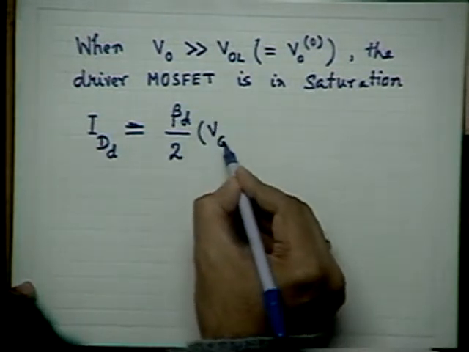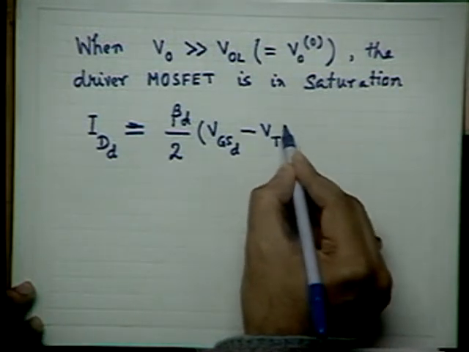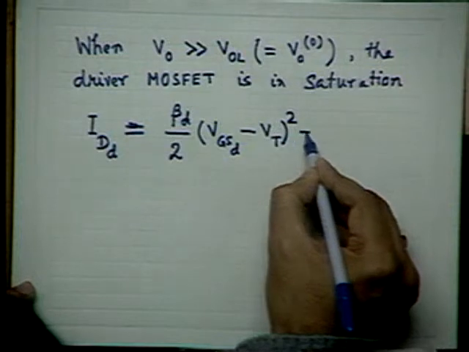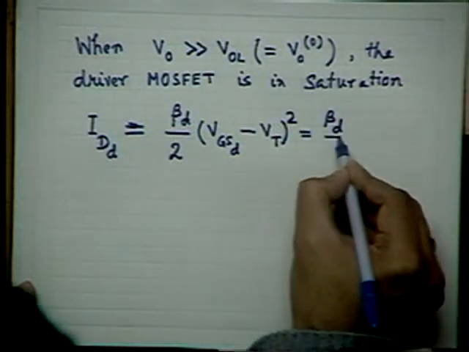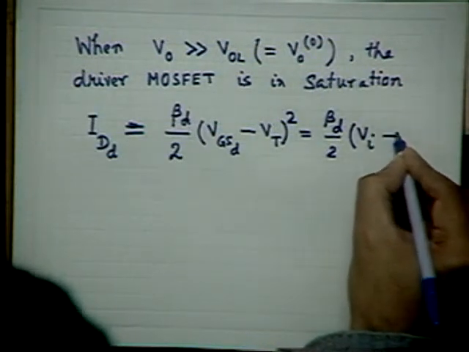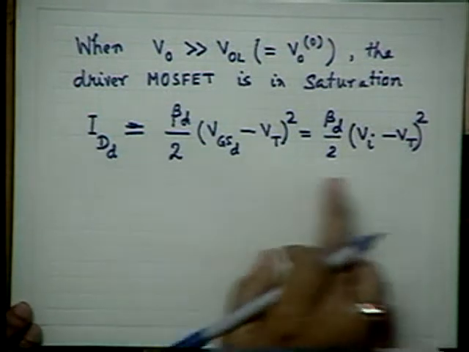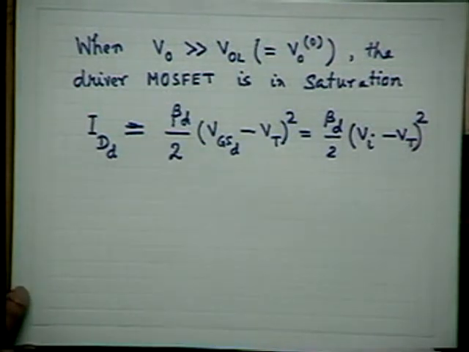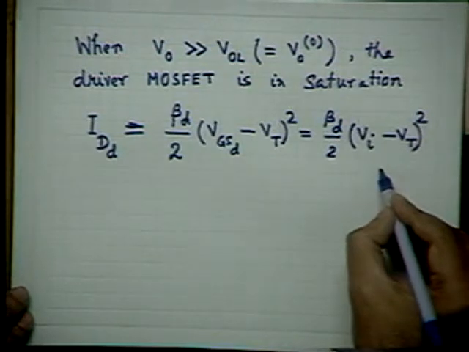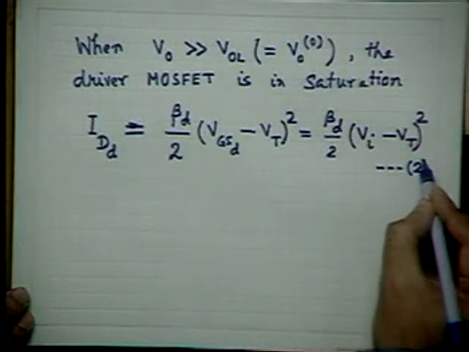Again I am writing VGS for driver minus VT for driver, but we have assumed the same, whole square, and that is equal to beta d by 2 into simply (VI minus VT) whole square, because VGSD is nothing but VI. We have seen that the driver gate source voltage is nothing but the input voltage. I think I have given the last equation as equation number 1, so I call it equation number 2.